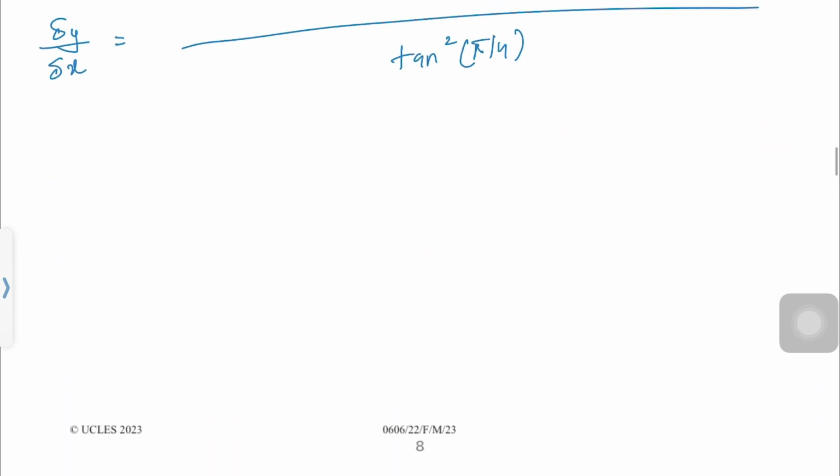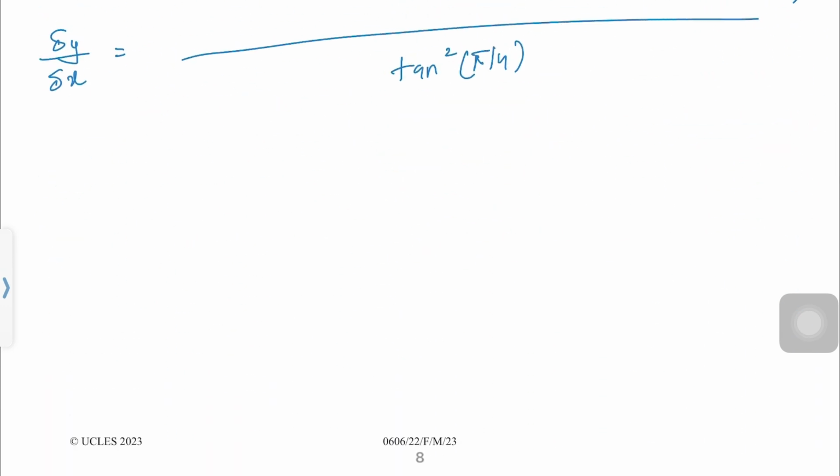So the small change is h. So we'll be substituting it here. So delta y is given as delta y and delta x is h. And by solving this, let's just solve this in our calculator.